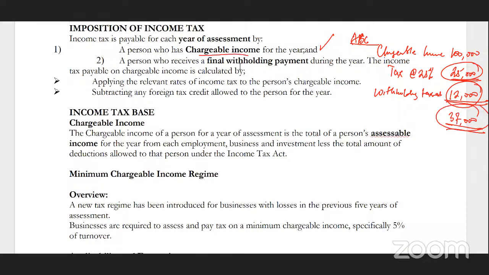Chargeable income and he had withholding payments. So the theme of CIT income tax, or what we call corporate tax liability questions, always have chargeable income and final withholding payments as part of the question, because this is the theme. You get it? Chargeable income, final withholding payment.